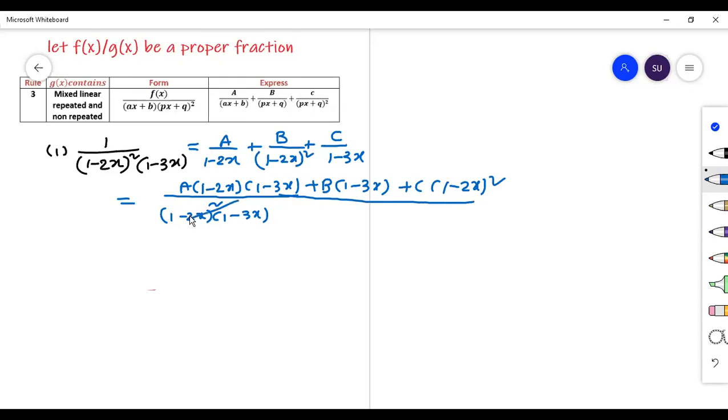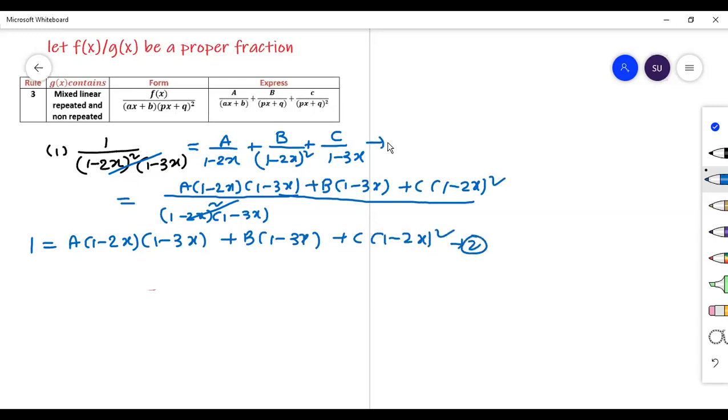So here denominator cancels. So finally this becomes 1 is equal to A into (1 minus 2x) into (1 minus 3x) plus B into (1 minus 3x) plus C into (1 minus 2x) whole square. Let it be equation number 2. This is equation number 1.